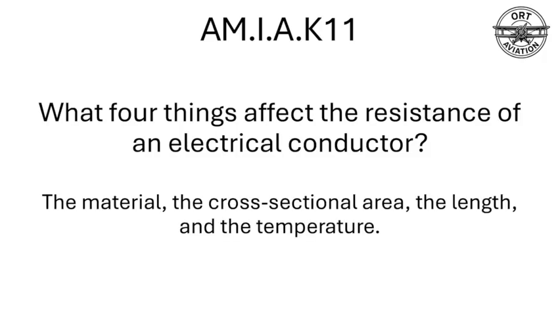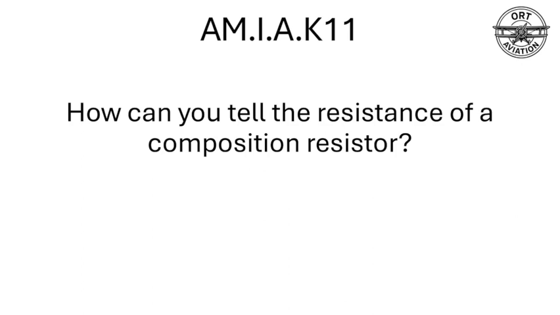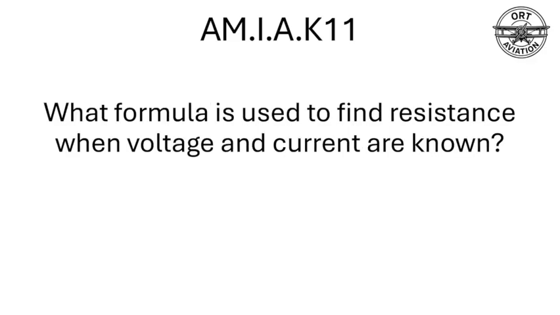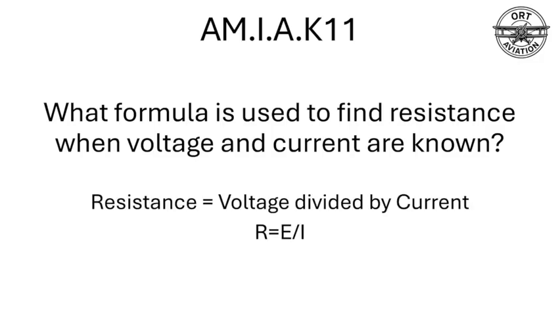The material, the cross-sectional area, the length, and the temperature. How can you tell the resistance of a composition resistor? By a series of colored bands around one end of the resistor. What formula is used to find resistance when voltage and current are known? Resistance equals voltage divided by current.